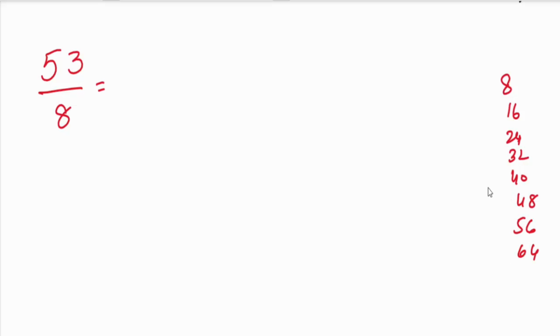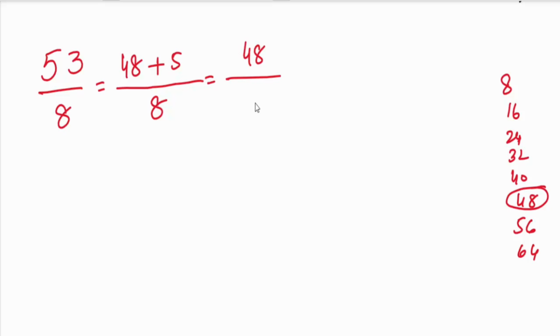So we need a number below 53. Below 53 is 48. So change this 53 into 48 plus 5. 48 plus 5 is 53, divided by 8. Why? Because we have to make a perfect number which is divisible by 8.